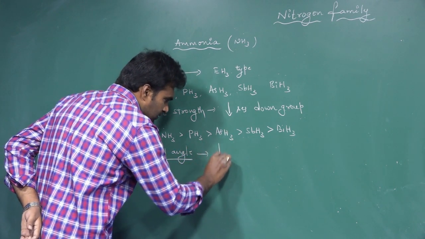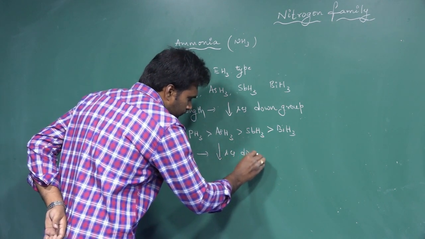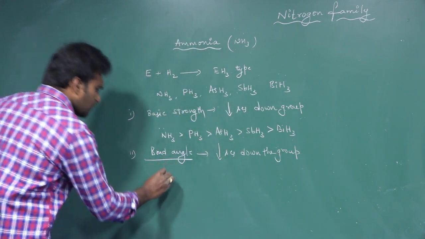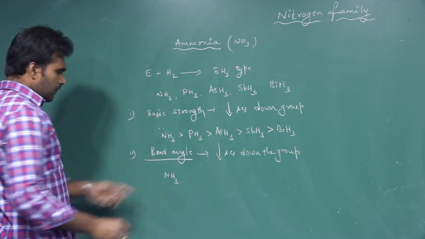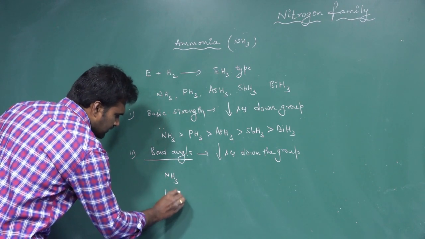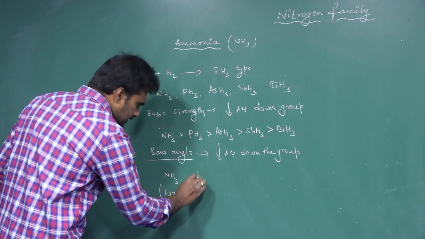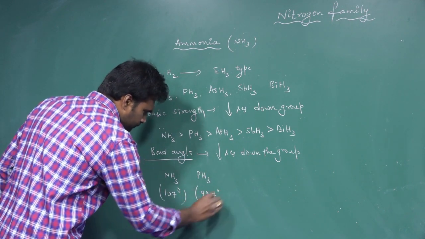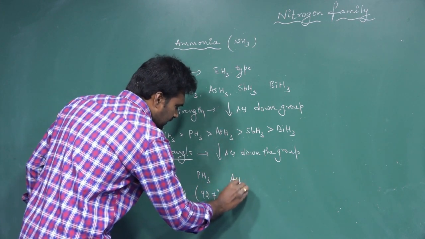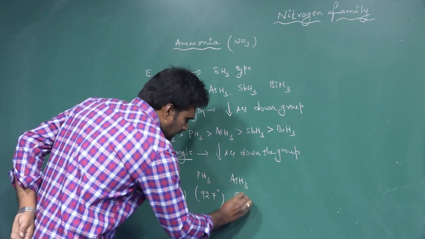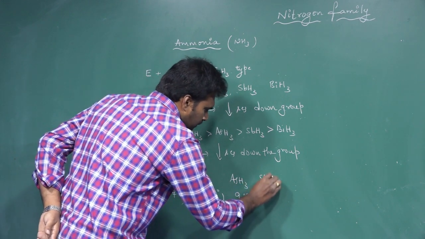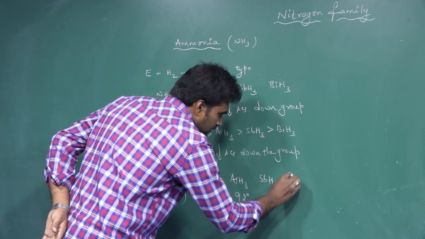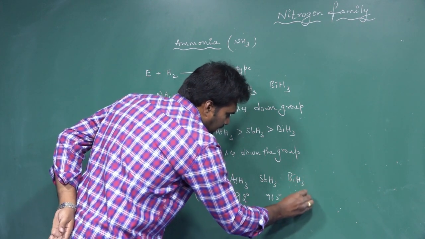What happens to the bond angles here? The bond angles decrease down the group. The bond angle in ammonia is nearly 107 degrees, whereas phosphine is 92.7, arsine is 92 degrees, SbH3 is 91.5 degrees and bismuthine is nearly 90 degrees.